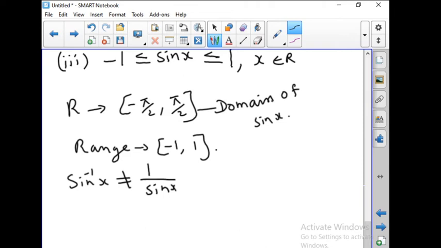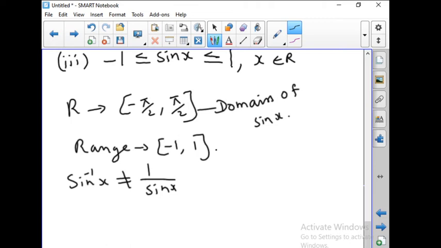Remember that. It is not the reciprocal. Minus 1 is not an exponent.